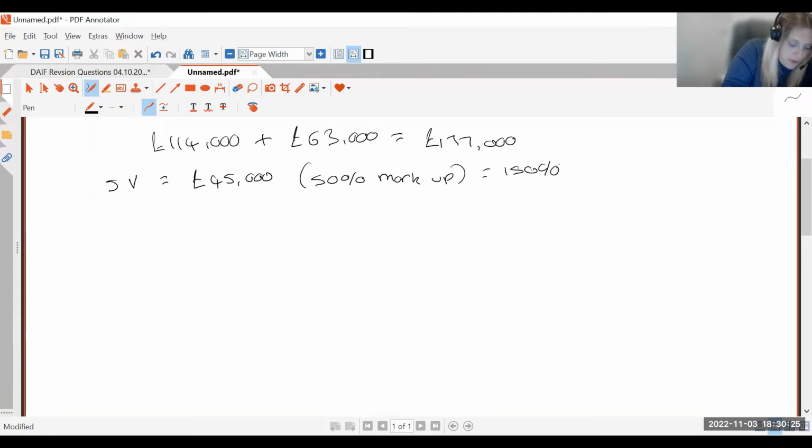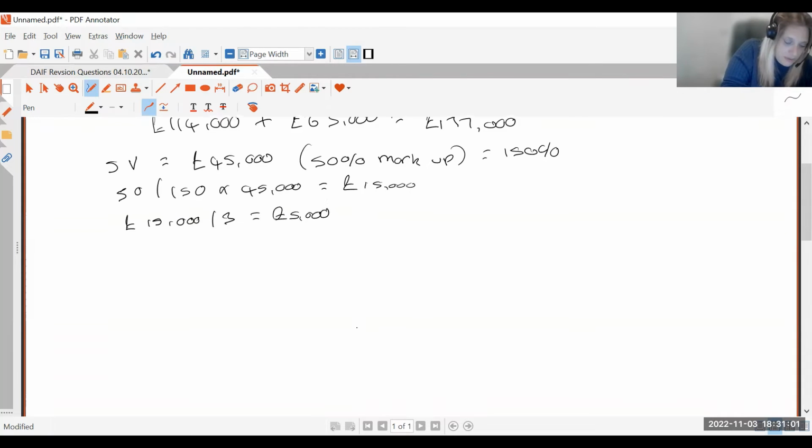So to work out the profit, we would do 50 divided by 150 times 45,000. Gives us 15,000 profit. And there's a third of this left in inventory. So we would do our 15,000 divided by 3 equals 5,000.